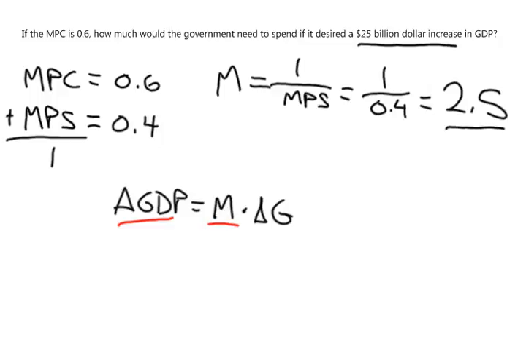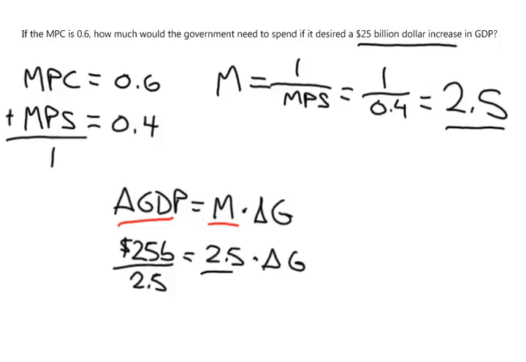So our change in GDP is 25 billion. Our multiplier is 2.5. All we need to do now is solve for delta G. All right, divide each side by 2.5. All right, and what you should come up with is $10 million.